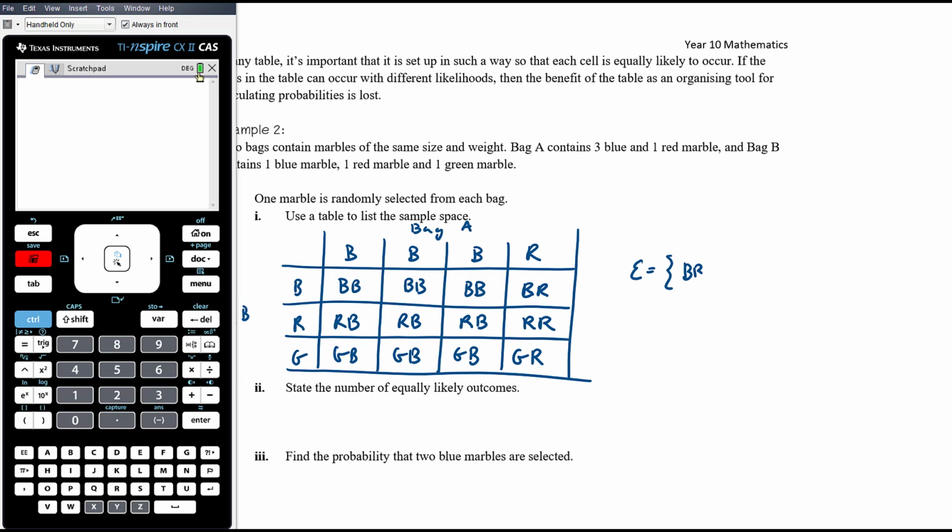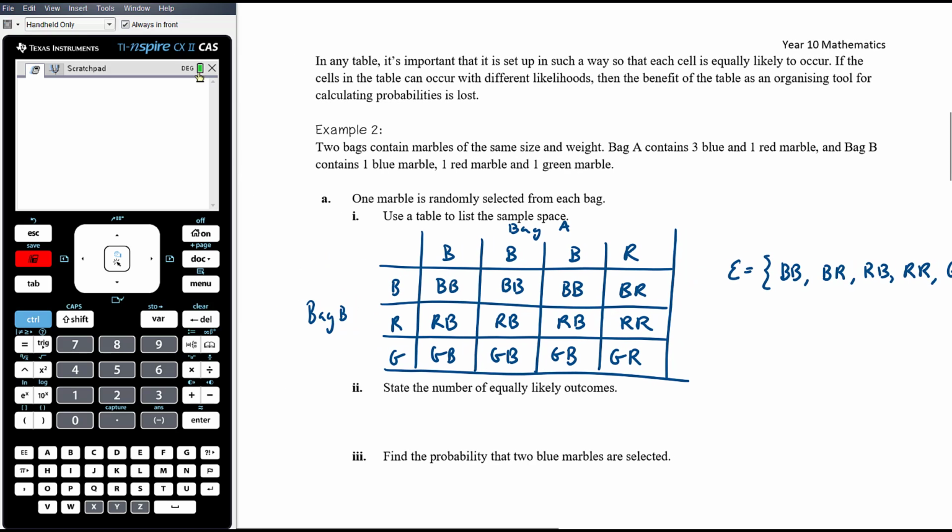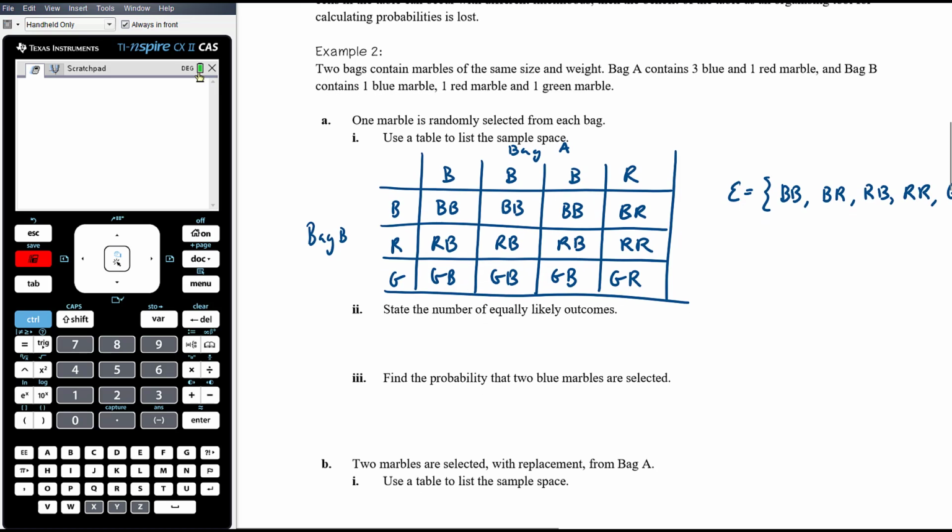You've got blue blue, blue red, red blue, red red, green blue, and green red. They're your only options, but they're not equally likely to happen, and therefore your probabilities aren't out of 6, your probabilities need to be out of 12. Okay, there's some repeat ones.